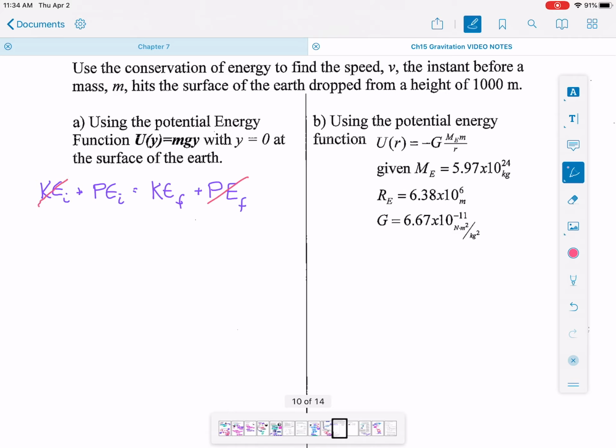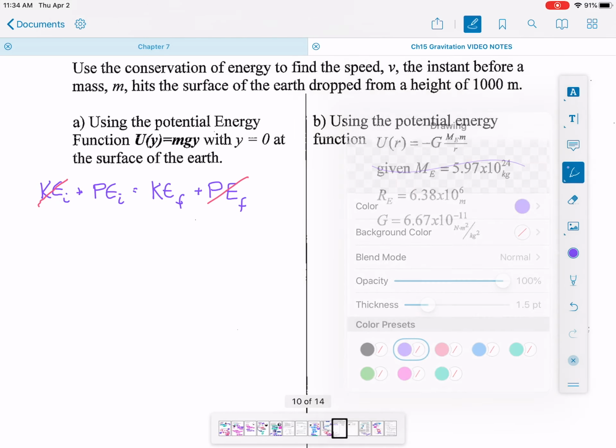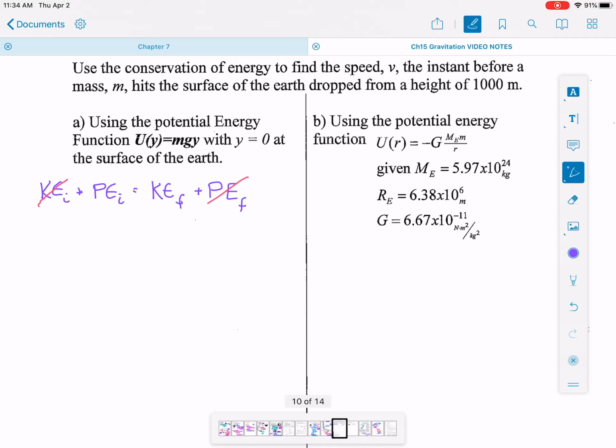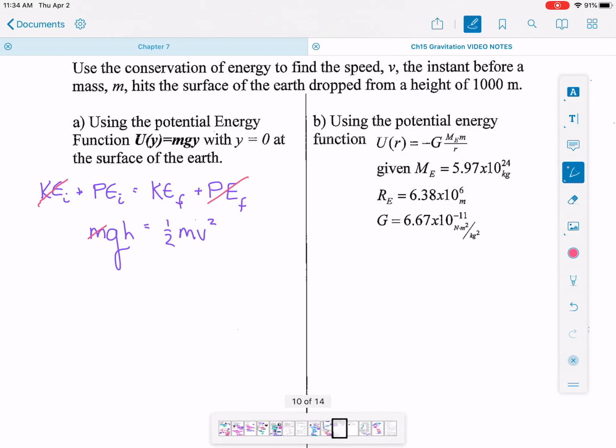And when we hit the surface of the Earth, y is 0, so there's no potential energy final. So we've got mgh is going to equal 1/2 mv squared. Yay, look at that. Mass cancels. That's why they didn't even need to tell it to you.